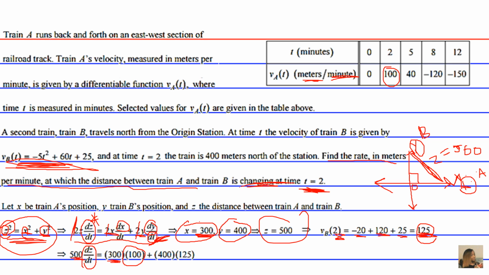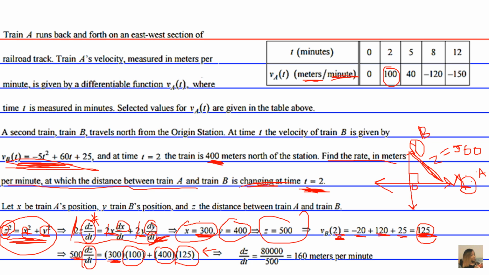Our change in distance over a change in time is 100, and this is specifically the change in the x direction, or the horizontal direction. Then this problem stem tells us that our y, our vertical distance that B travels, is 400. And we just figured out that at t equals 2, our dy/dt is 125 meters per minute, so we plugged that in here. Just stick with me on this. You'll gain more clarity later.